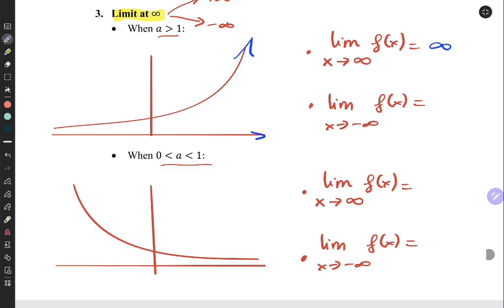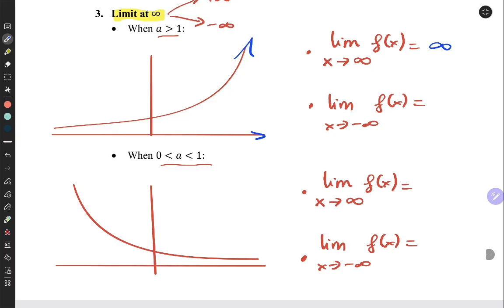In other words, this one, 2 to the power x. Look at that x: the bigger the x you put in there, the bigger this number, right? That exponential function. This is your x, x gets bigger, this thing gets bigger. Then what happens when x gets smaller? That means x goes to negative infinity.